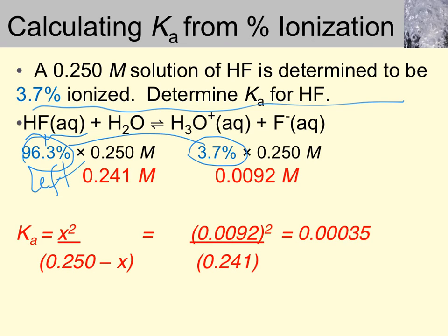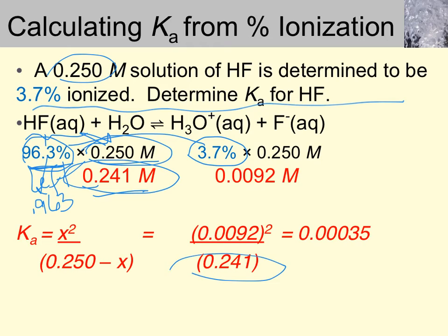Okay? These two values add up to be 100, of course. And so if the original concentration of the weak acid is 0.250, as they told us, 96.3 times 0.250, of course you've got to put the 96.3 in decimal form, 0.963, is 0.241 molar. That is the equilibrium concentration of the weak acid.